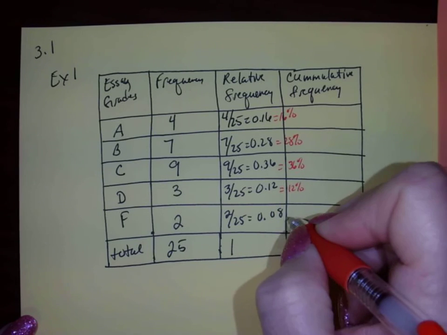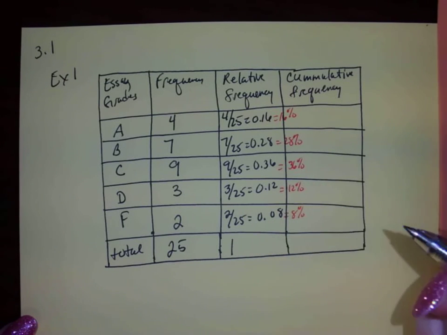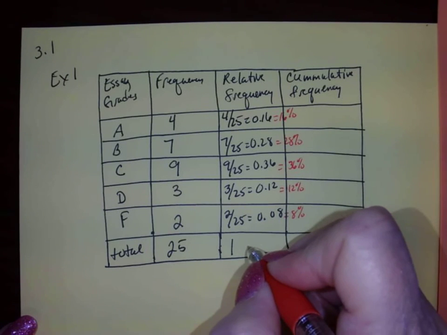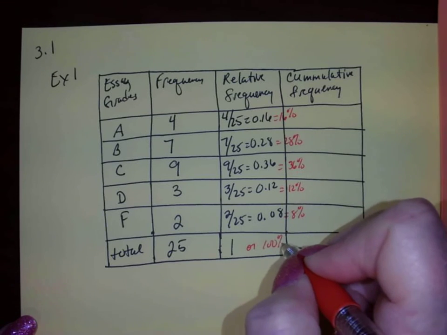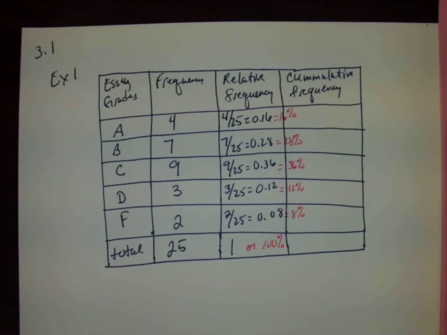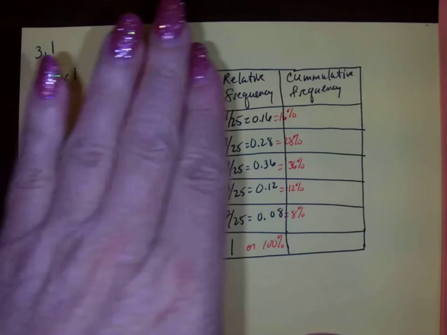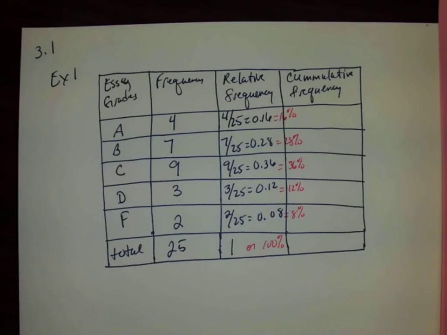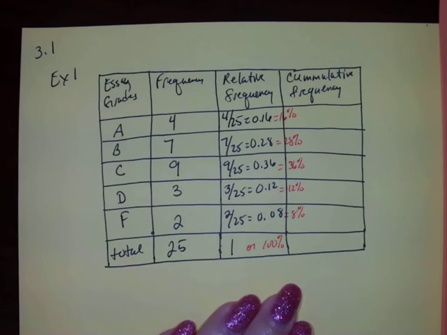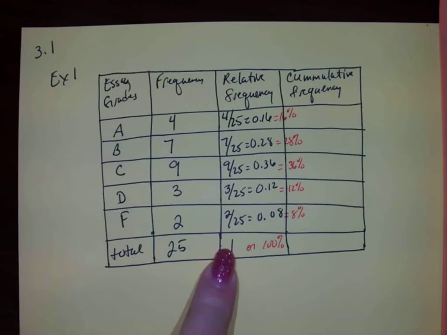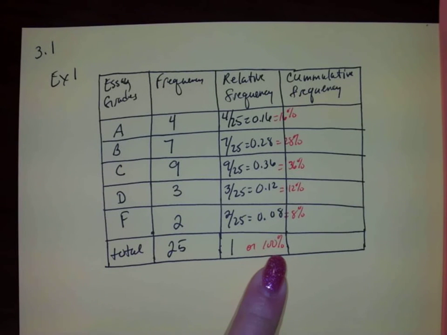This could have been written as 12%, and this could be 8%. So depending on what you're looking for in the graph. I just didn't leave enough space. All right, so that would be your relative frequency. You can either sum them up to be 1 or change them to percentages and add them up to be 100% because they have to cover the whole total.